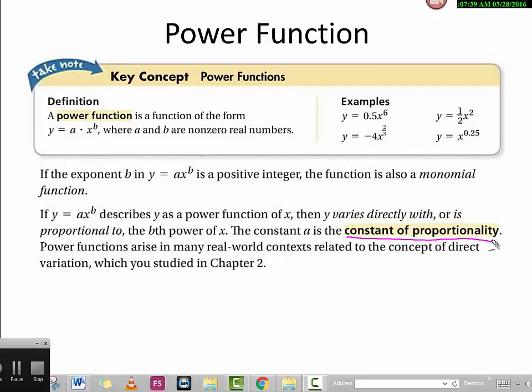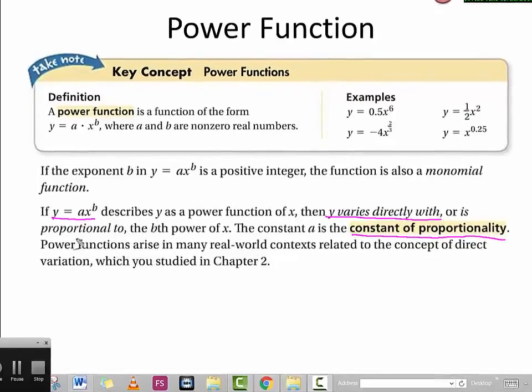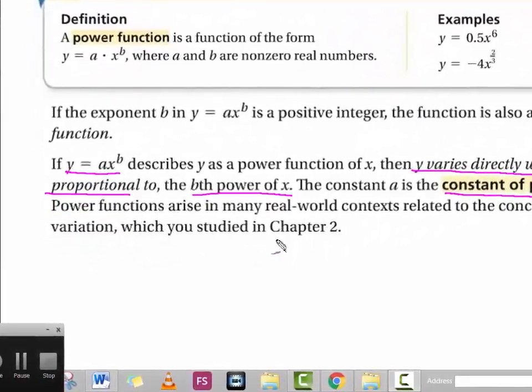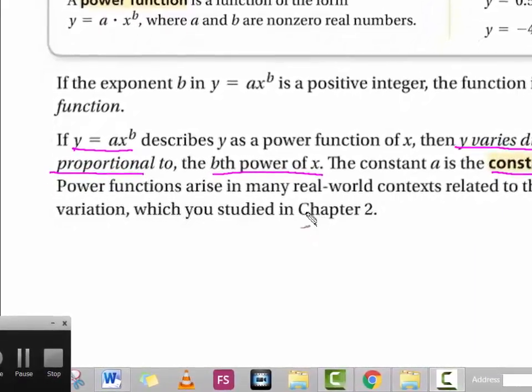The next concept that we have to learn in the power function is constant of proportionality. What it means is when you have a power function like this, it basically means y varies directly with, or is proportional to, the b power of x. We actually learned this before in chapter 2.